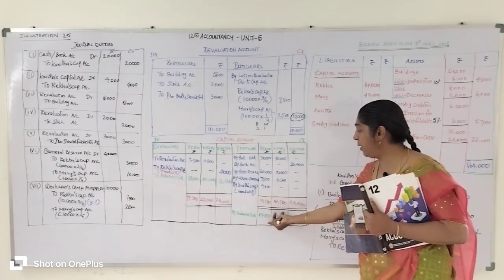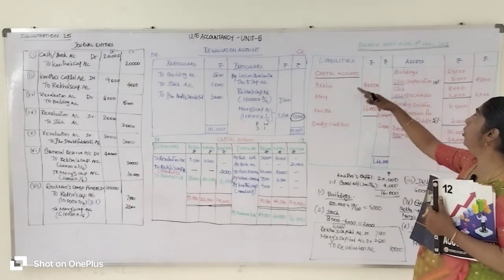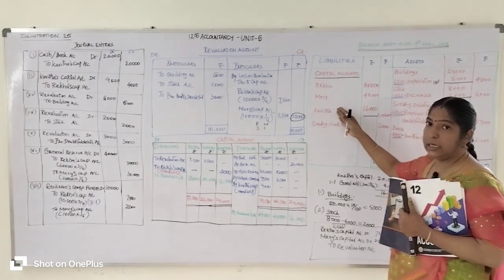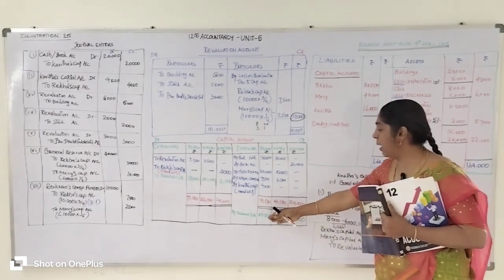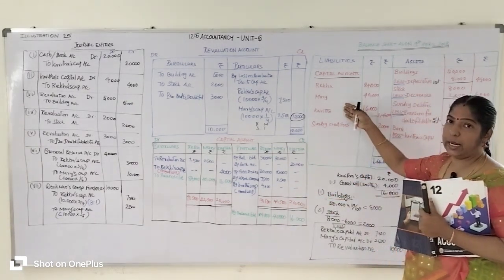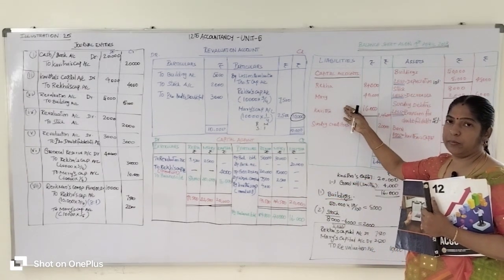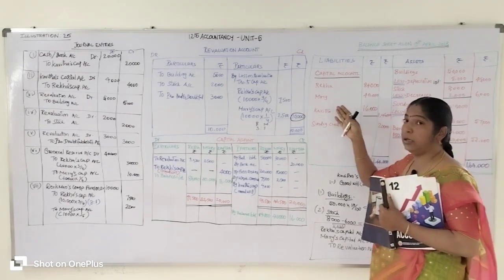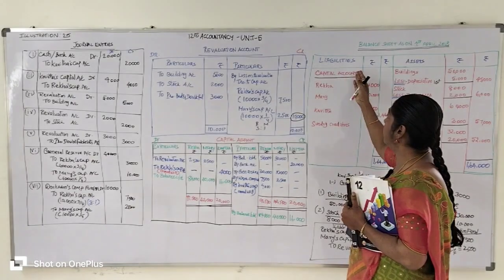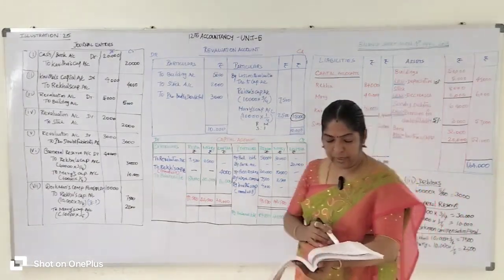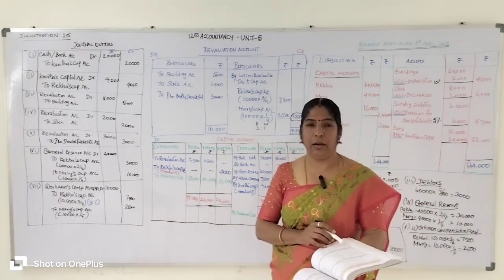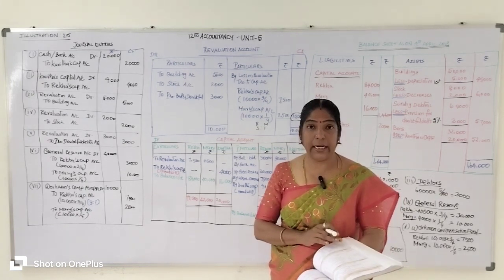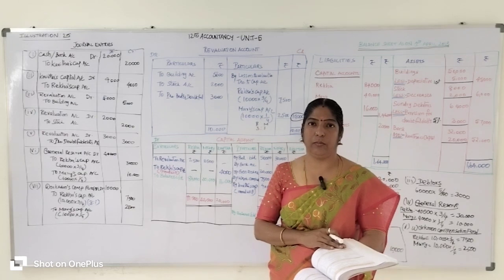With that final capital amount only we are going to prepare the liability side of the balance sheet. We are going to give that respective capital value to the respective partners in the balance sheet. We can't enter the given capital value from the question on the liability side of the balance sheet. We didn't take this old capital value.